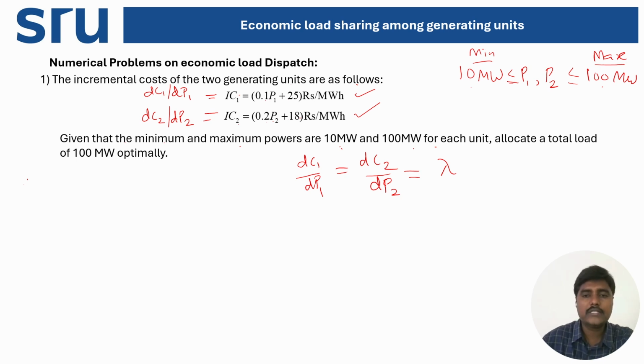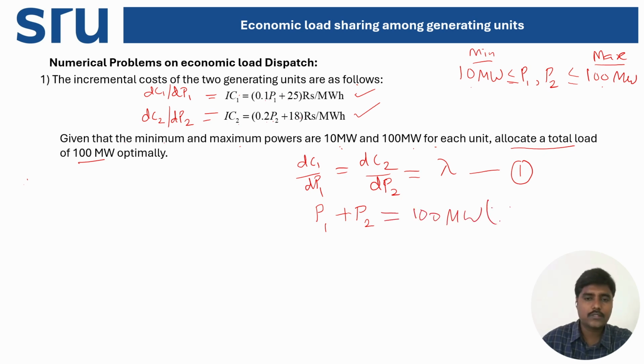And here there is a total load of 100 megawatt. So maybe you can take this as equation 1. And based on this given statement, the total load should be supplied by using these two generators itself. That means the sum of the two power outputs, P1 plus P2, should be equal to the total load demand, 100 megawatt.